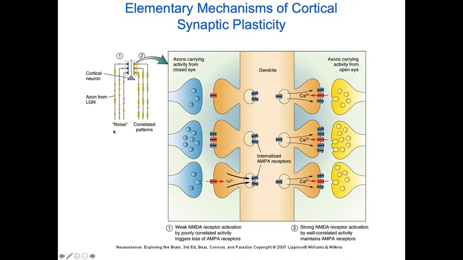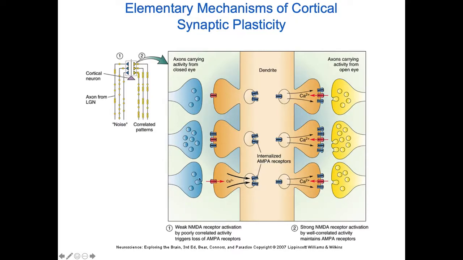To illustrate this, they're showing an axon in this particular case from the thalamus feeding into the cortex here, like this one right here. And it's firing kind of randomly because we've shut that eye, taped it shut or whatever. And so this one's not firing quite as strongly either, and this one isn't either. And so there's not a lot of coordinated firing here, shown in blue, it's kind of out of sync.